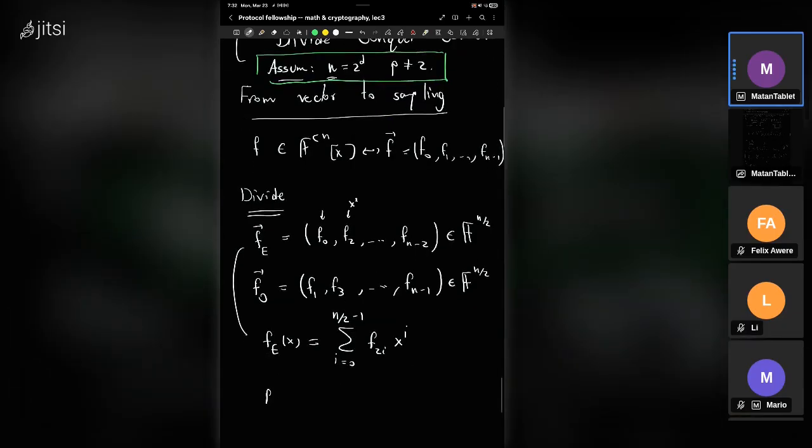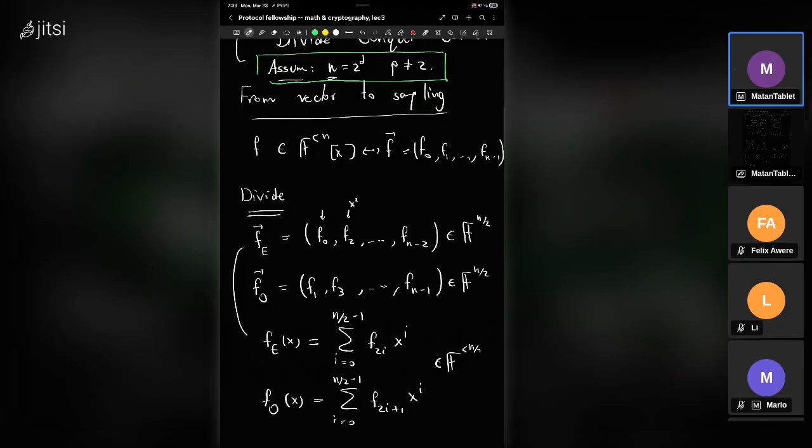And similarly, if you do the translation of Fo, then you get f of 2i plus 1, x to the i, where i goes from 0 up to n over 2 minus 1. These two things are polynomials of degree less than n over 2 in the variable x.